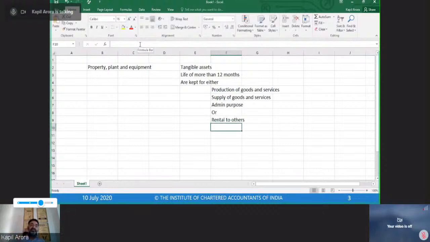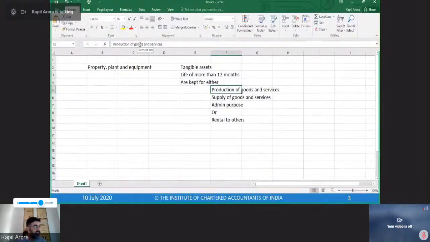So if I have a tangible asset which has a life of more than 12 months and which is kept for either production or supply of goods or services, for admin purpose, or for rental to others, we need to understand what the examples are.